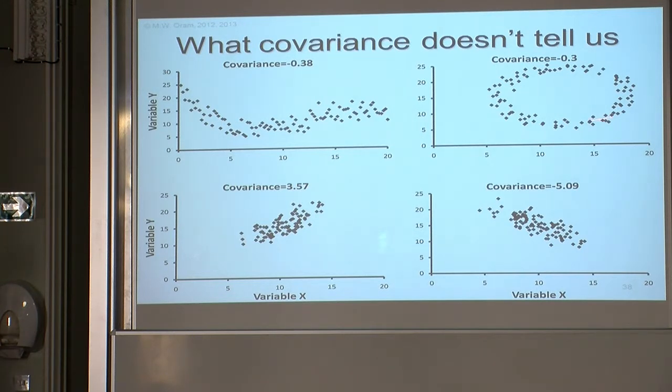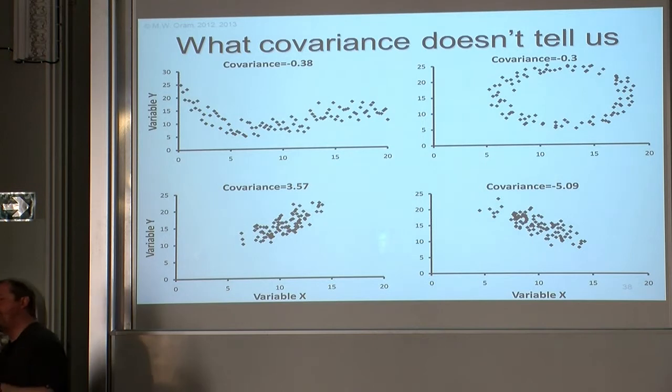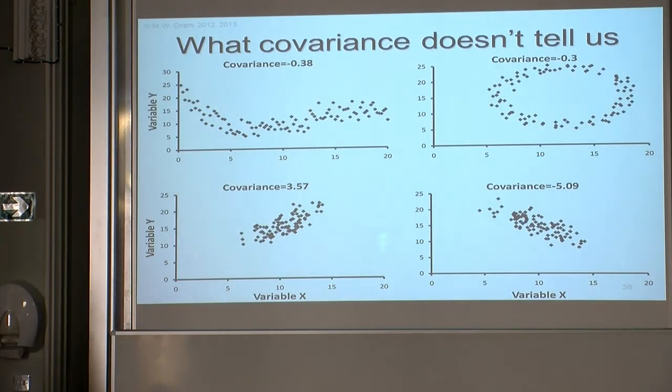If you see a plot that looks like that, you know that its covariance is going to be close to 0. But it doesn't mean that there isn't a relationship. It means the relationship isn't captured by the covariance. Okay, so covariance in and of itself is not sufficient to say that the values are independent.